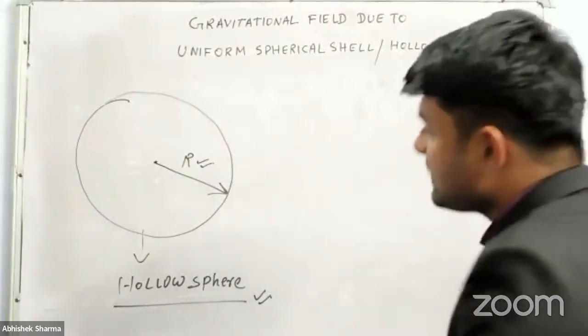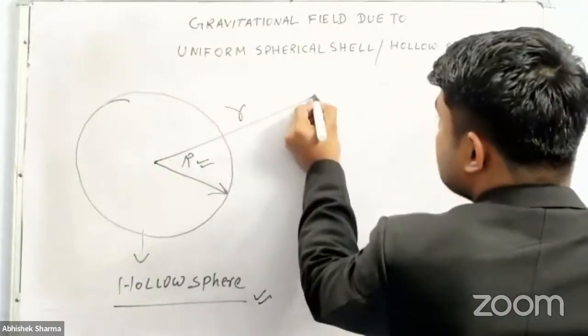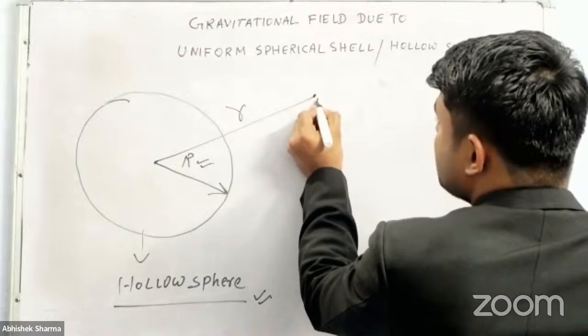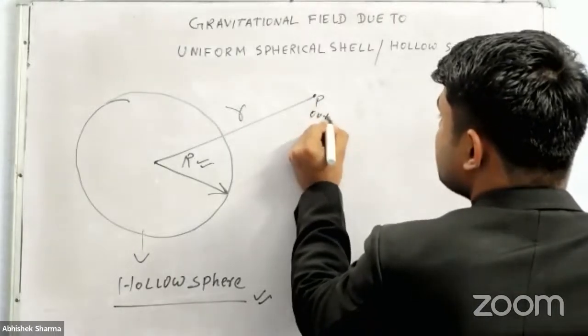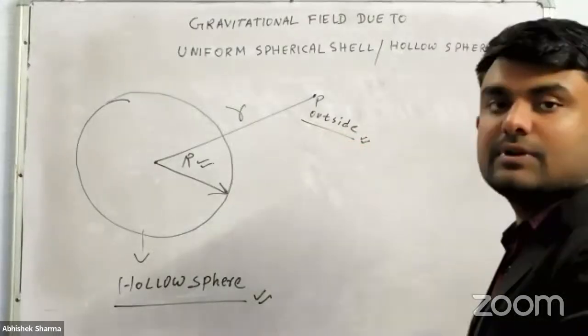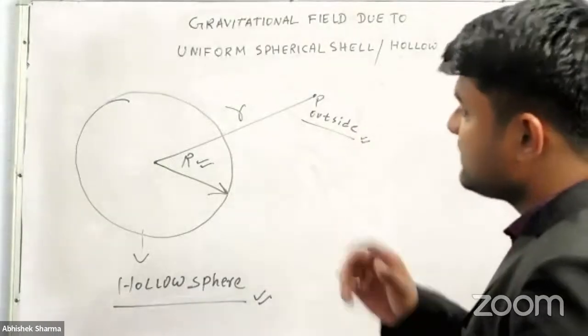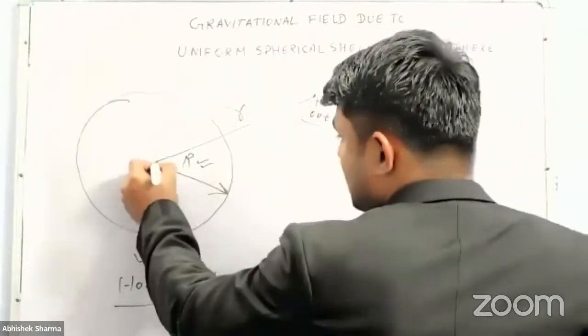Now two cases are occurring. It can be asked to find the gravitational field intensity at a distance r, at a point here which is an outside point. Also, we can be asked to find the gravitational field intensity at an inside point.